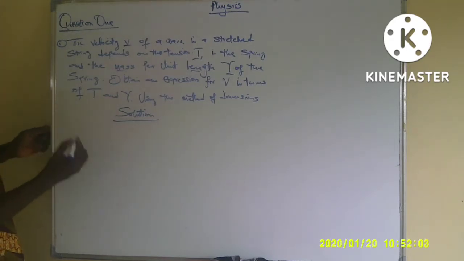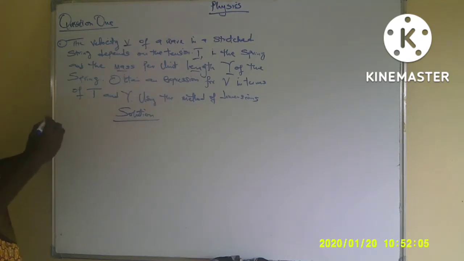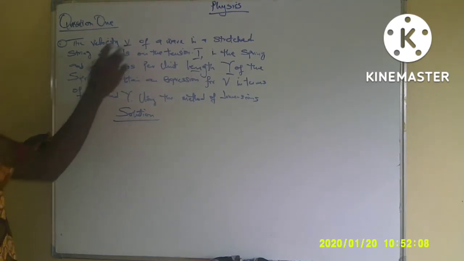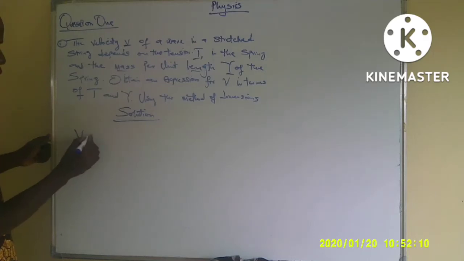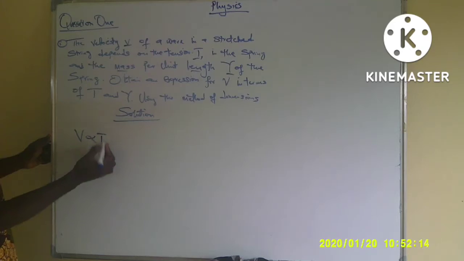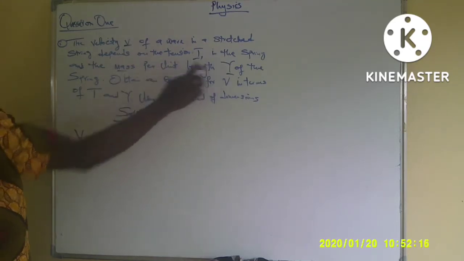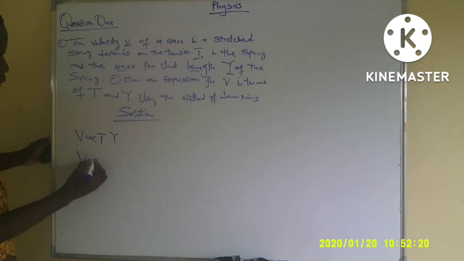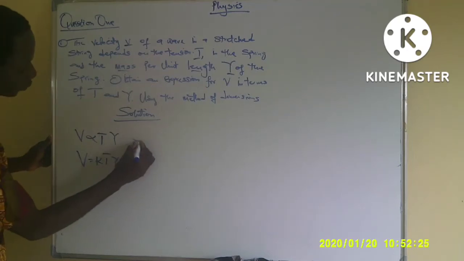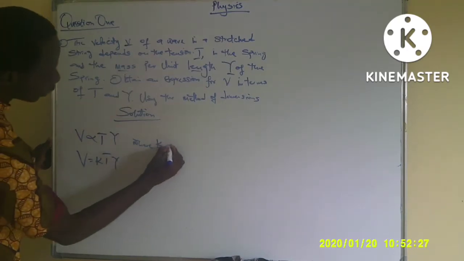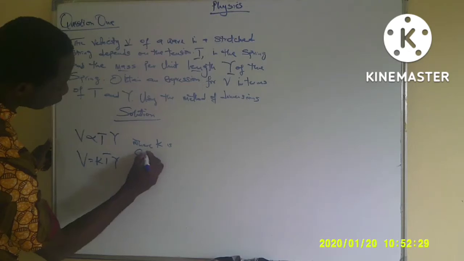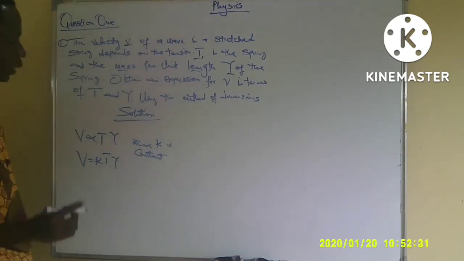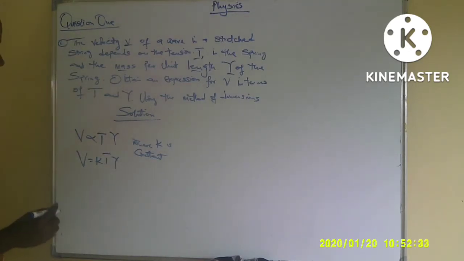Now, how do we express this equation? We have the velocity V, which is proportional to the tension T and the mass per unit length, which is represented by mu. So we can say V is equal to K T mu, where K is a constant of proportionality.